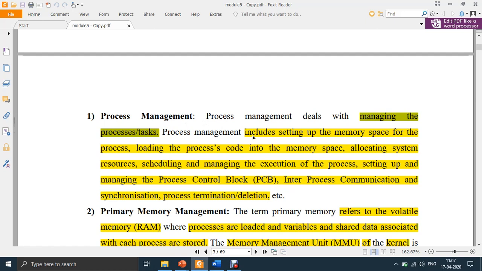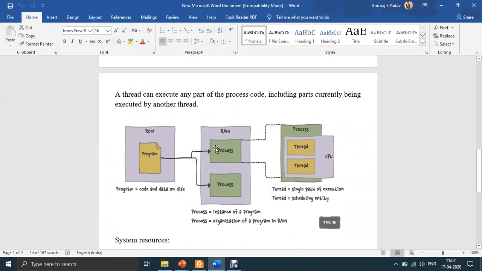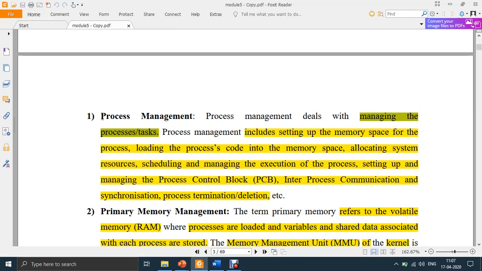The management includes, first, setting up the memory required for loading a process or a task, because each task requires memory. We saw that in the diagram: each process requires RAM, and the available RAM is very limited, so each process has to be allocated some RAM. That is taken care of by process management.